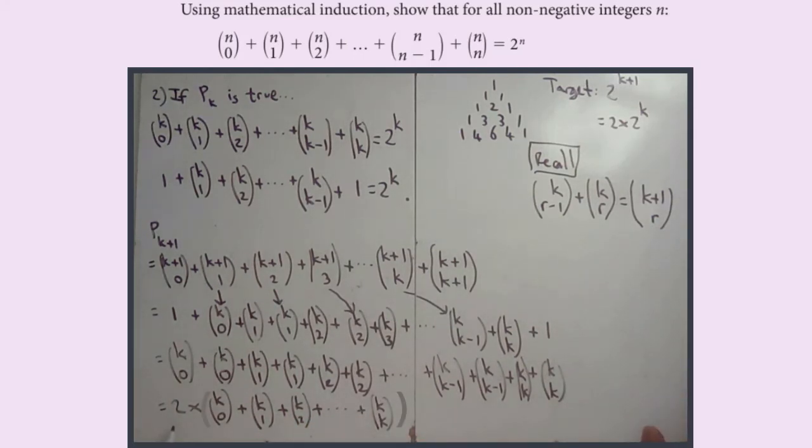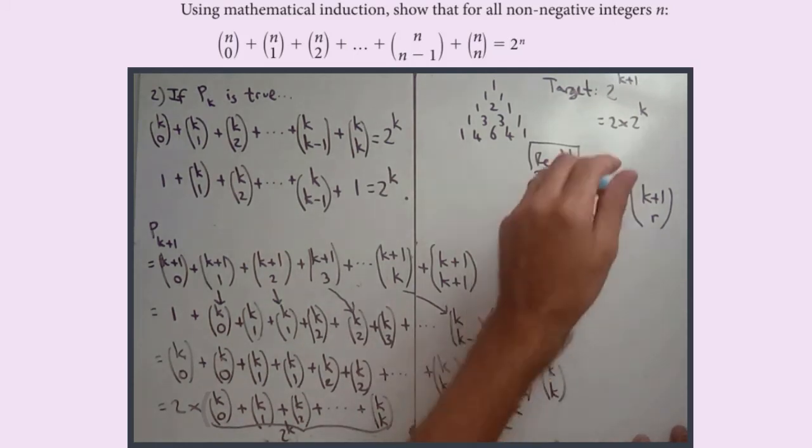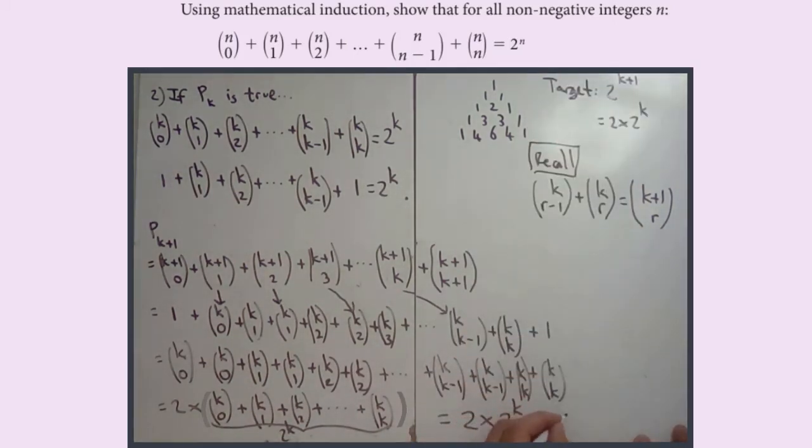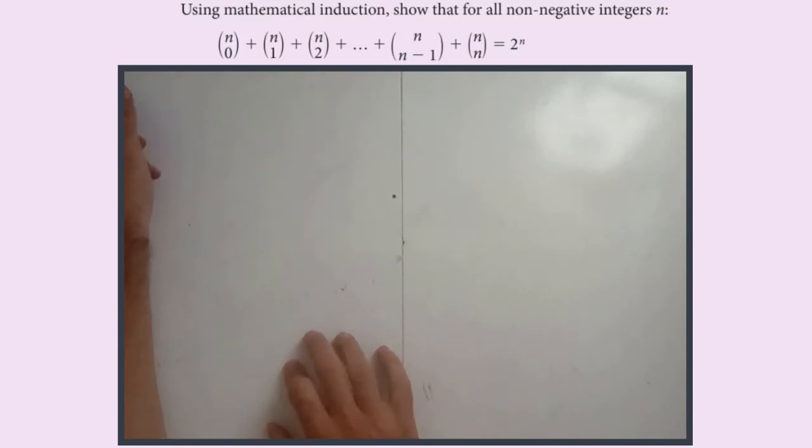Because this is 2 times 2 to the k. All of this, remember, is our P(k), so this is 2 to the k. So now we have the whole thing equals 2 times 2 to the k, which we know is 2 to the k plus 1. We've done it, we've gotten to the target, we just need to wrap it up and finish the proof.